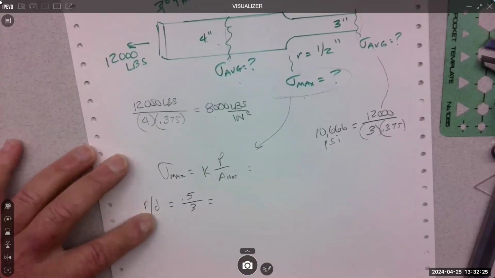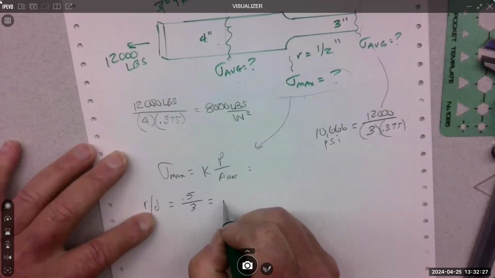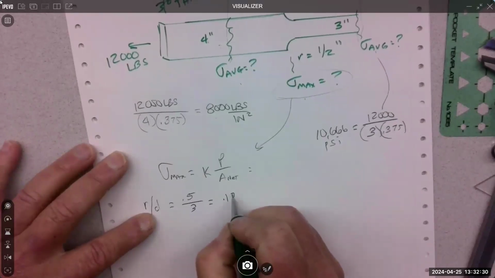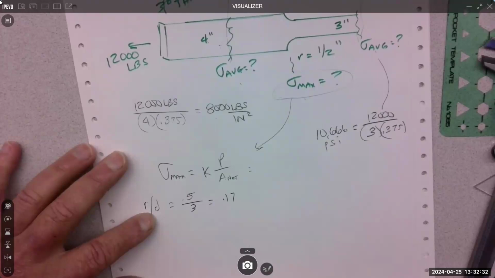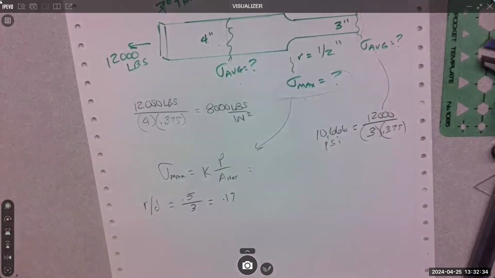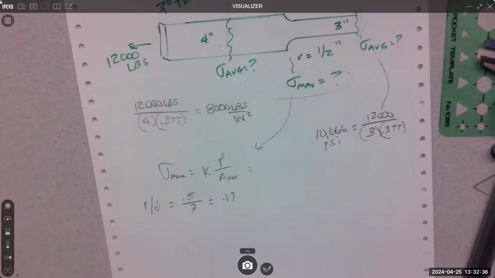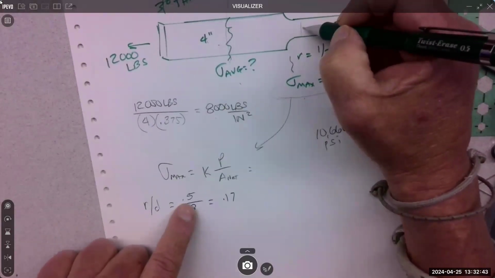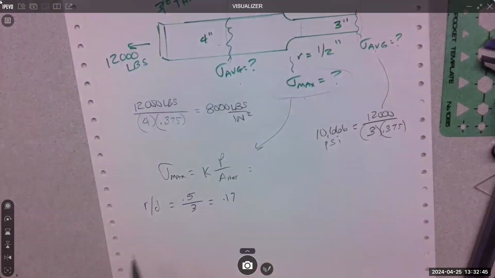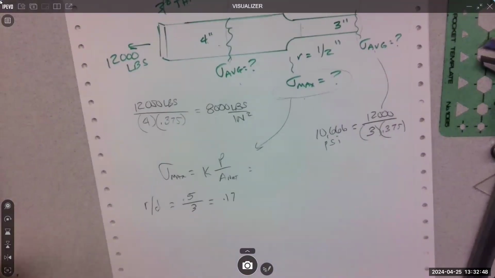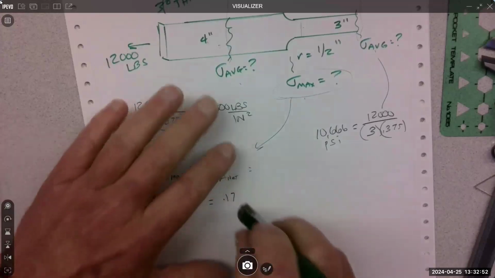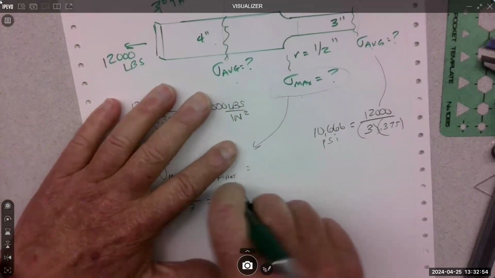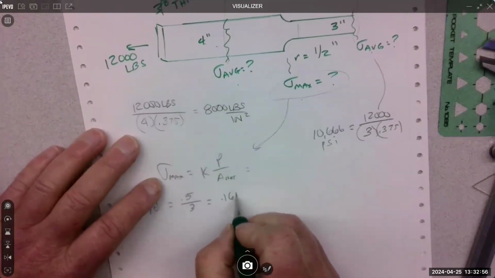What is the R to D ratio? D is 3 for sure, and R is 0.5, so 0.5 divided by 3. I got 0.16, it's rounded.